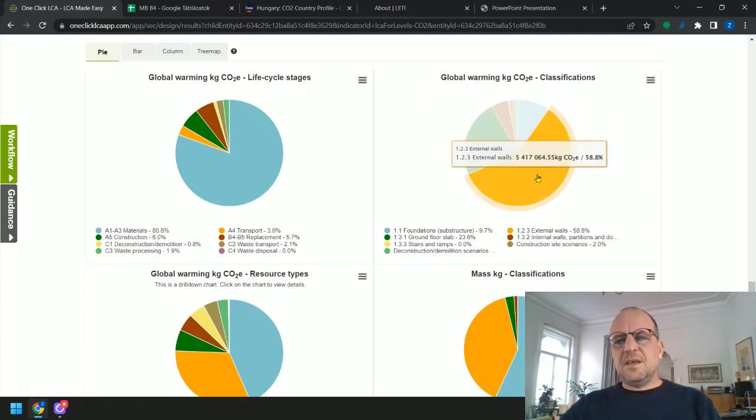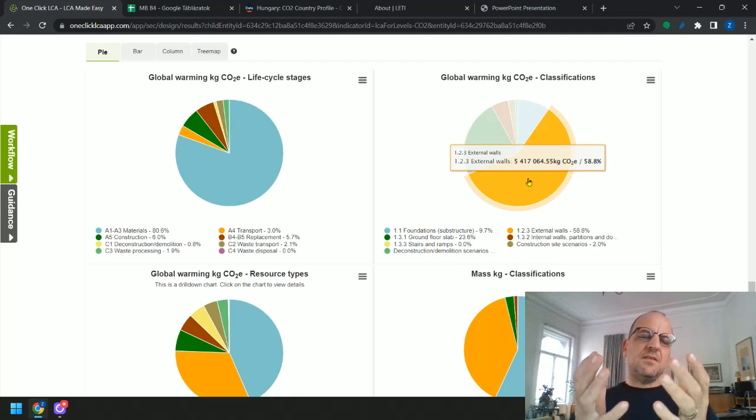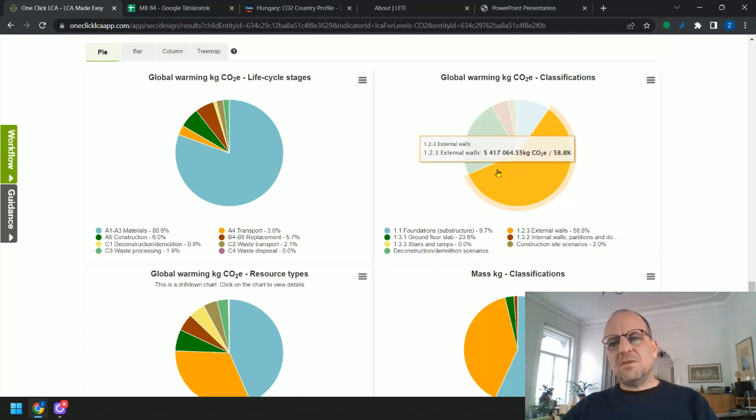Here you can see again that the external walls are dominating, because the building has a concrete wall structure. We have external walls and internal walls everywhere, so that's why it has such a large contribution.